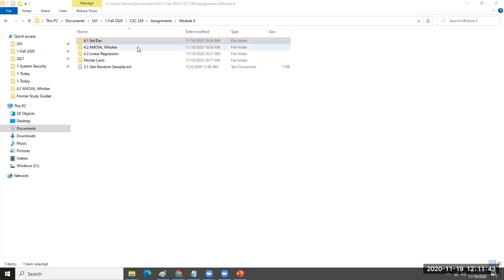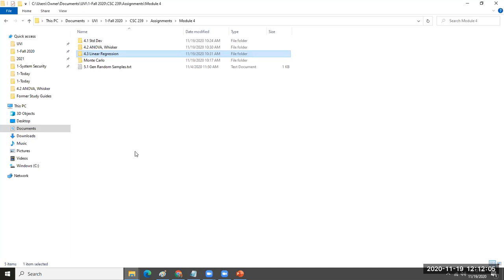And then a second assignment that has to do with an ANOVA test and a whisker plot. So we want you to be able to run a quick ANOVA test and create a whisker plot. And then we want you to be able to step through the creation of a traditional linear regression.